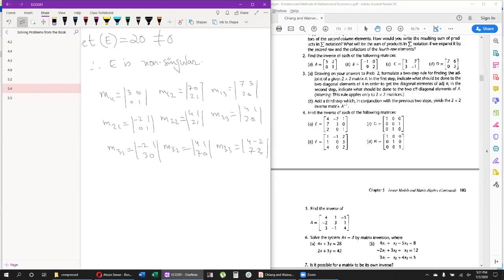So what that gives us is M11 is 3, M12 is 7, M13 is minus 6. Minus 2. 4, minus 2. Minus 2.